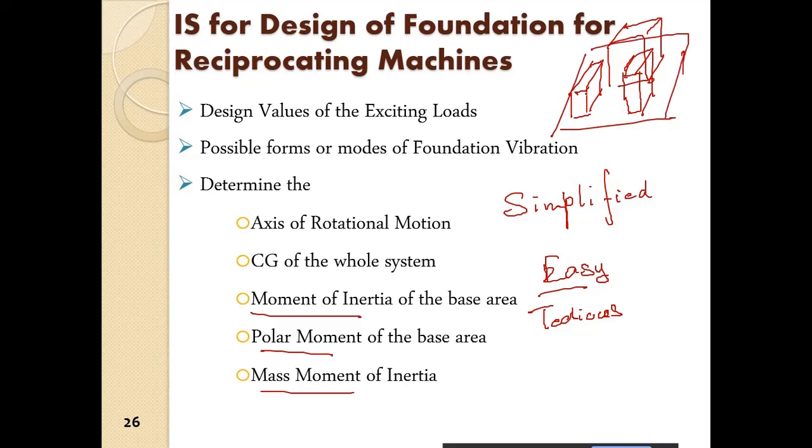So we have to again find the CG of each block, the CG of the base, and then add it up. That is why it becomes a little bit tedious. The concept is easy, but the calculating process is long. That is the main issue.